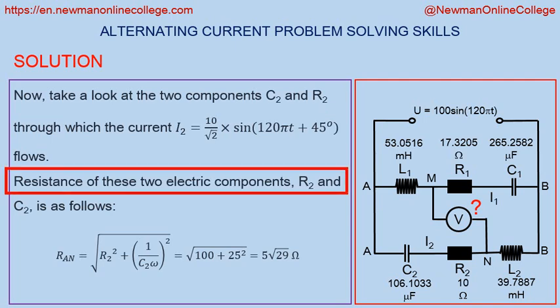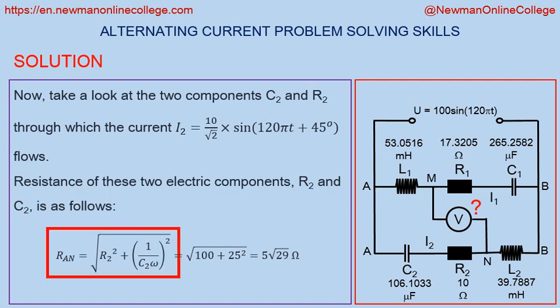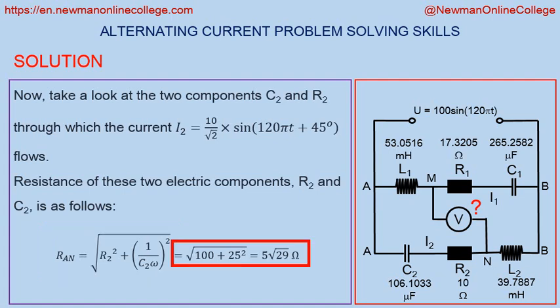Resistance of these two electric components, R sub 2 and C sub 2, is as follows. R sub an equals square root of R sub 2 squared plus, open bracket, 1 over C sub 2 omega, close bracket, squared, equals square root of 100 plus 25 squared, equals 5 times square root of 29 ohms.